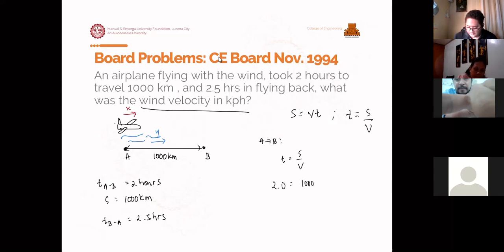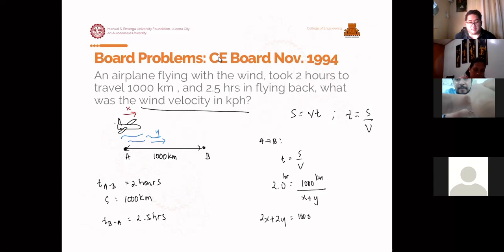Then our velocity, since the wind and the airplane have the same direction during A to B, let's say x plus y is our velocity. So if we simplify, it becomes 2x plus 2y is equals to 1,000.